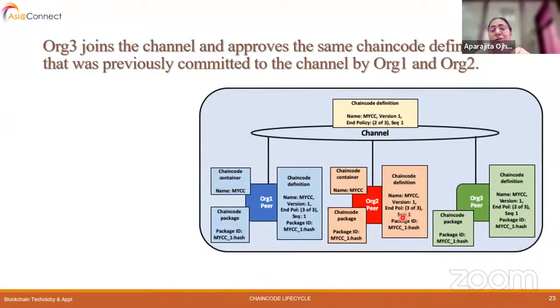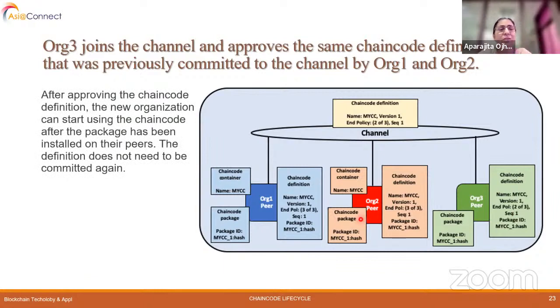Here, you can see that the endorsement policy is 3 of 3. Now, why? Because perhaps initially it was written all the organizations in the channel, but now not all the organizations have joined. So it may happen that the new organization may approve the previous endorsement policy.